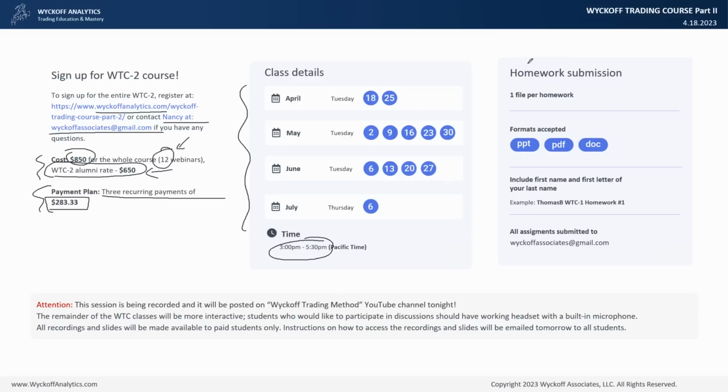For those of you who have attended WTC1, you already know my requirements for the homework. I want just one file, whether this is a PowerPoint, PDF, or Word doc. I do not want a zip file. Please don't send this. We'll talk more about the anatomy of the trade homework, which will be sent separately. So I would be expecting 2 homework files from you in one email.